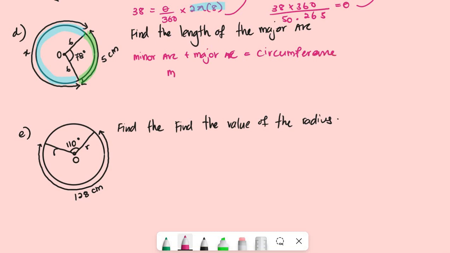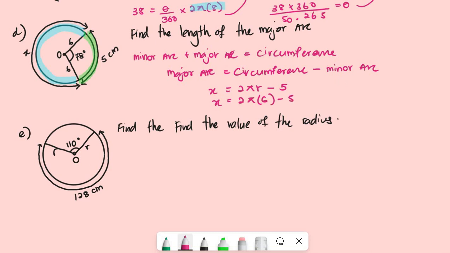So if I want to find the major arc, I would just take the circumference minus the minor arc, isn't it? Isn't that easier? That's how I get the major arc. So from here, the major arc, which is x, equals the circumference, which is 2 pi r, minus the minor arc, which is 5. So here x will be 2 pi times the radius, 6, minus 5.